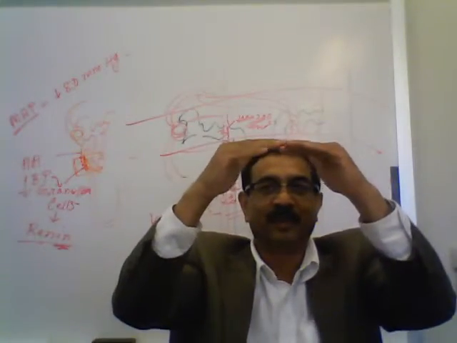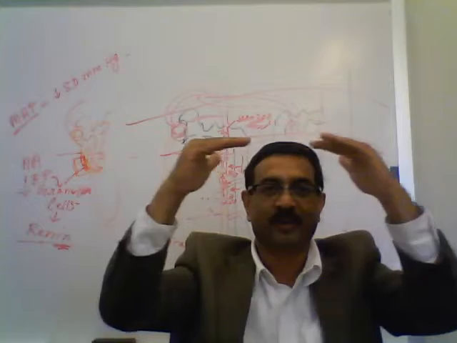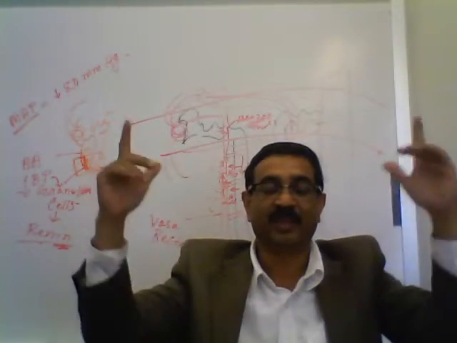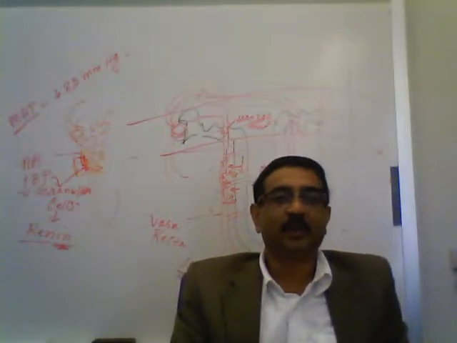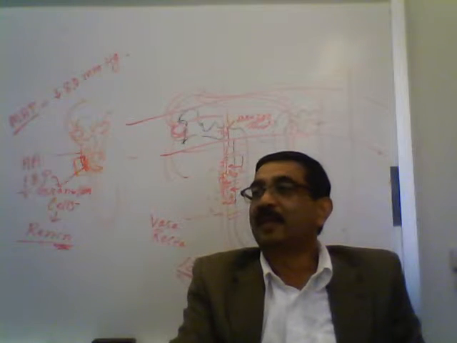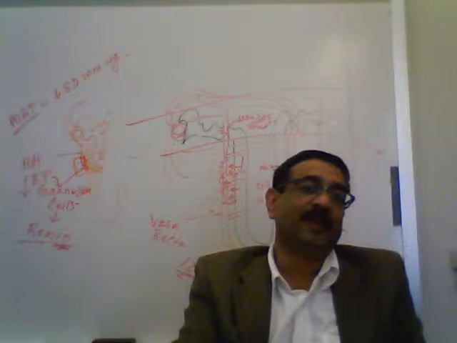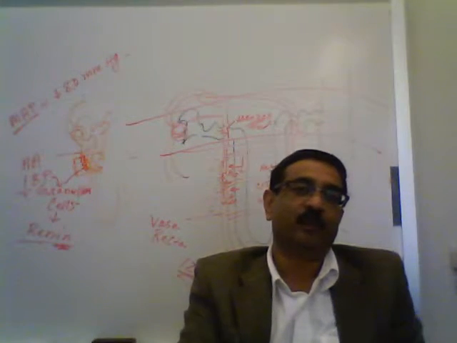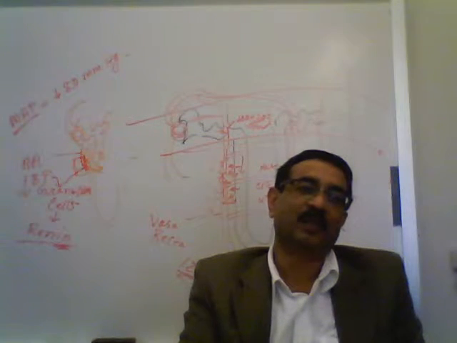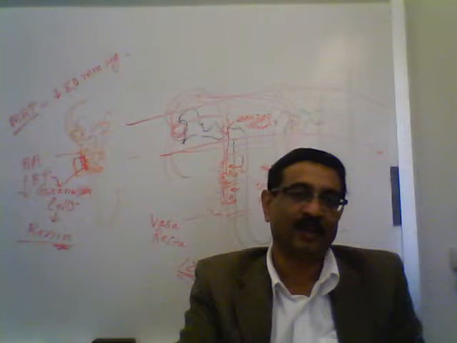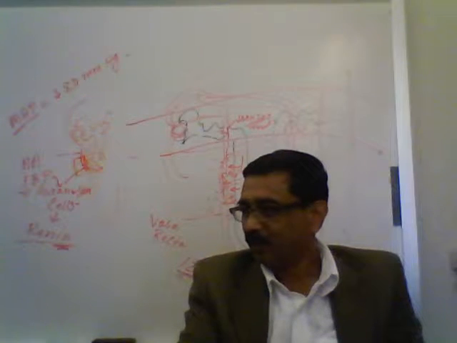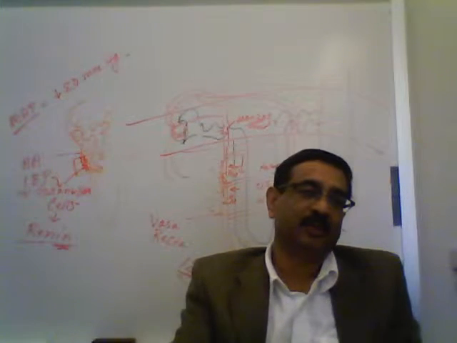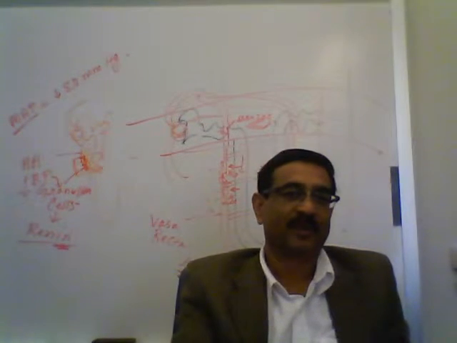So the epithelial lining can expand and contract because the cells can change their shape. That is number one. Number two, transitional epithelium doesn't allow any fluid to pass through it.